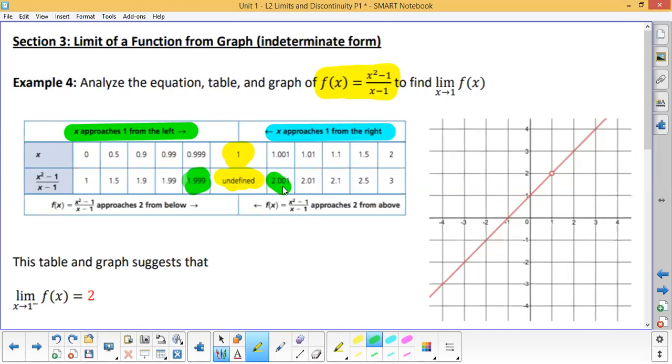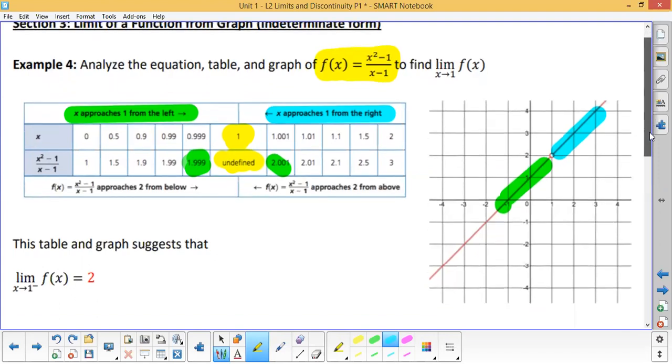And when I graph this, as I approach 1 from the left and I approach 1 from the right, the intended height of the function is going to approach y is equal to 2.